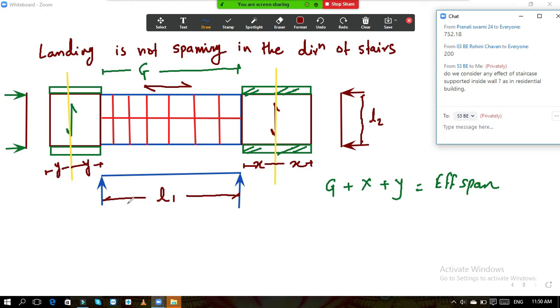So whenever the staircase is supported inside the wall also, we will go by the same thing. These two are the prominent conditions for the support of the staircase. By considering these two things only, we will decide the effective span of the staircase.